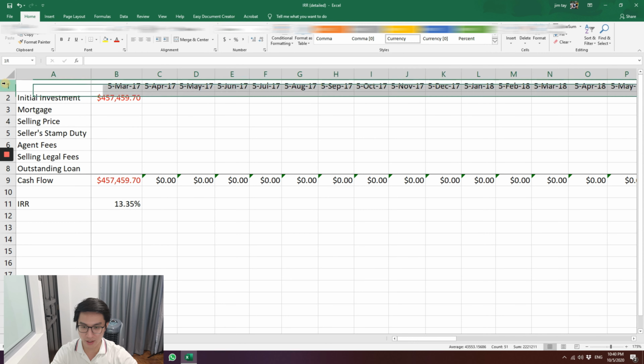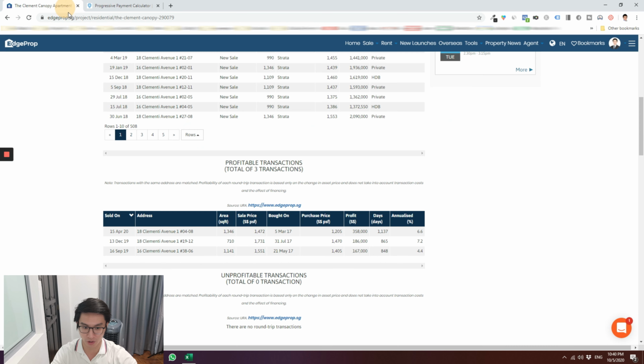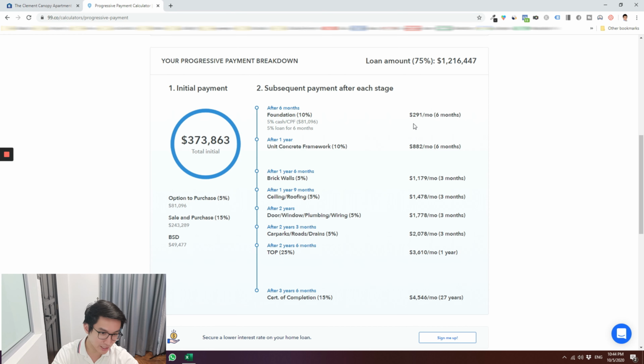So the top row here, these are the months following the first major payment on 5th March 2017 when the property was first bought. Here, on 5th March 2017, was the entire initial investment of about 457,000. Then we want to fill in the mortgage payments accordingly to when the cash flow exited our pockets. Let's take the figures.